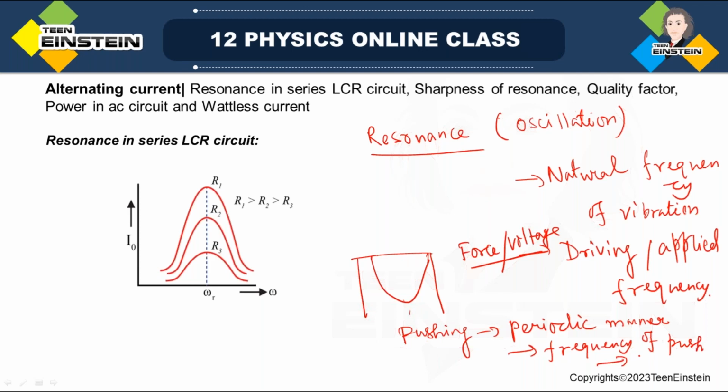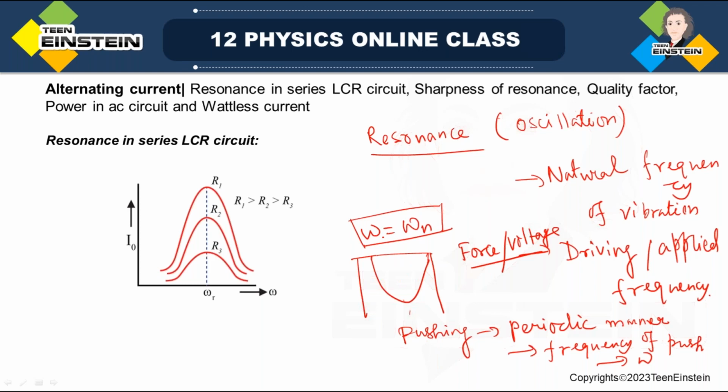the frequency of push, suppose that is omega somehow, and that omega becomes exactly equal to the natural frequency of oscillation of the swing, then the amplitude of vibration or oscillation becomes very large.